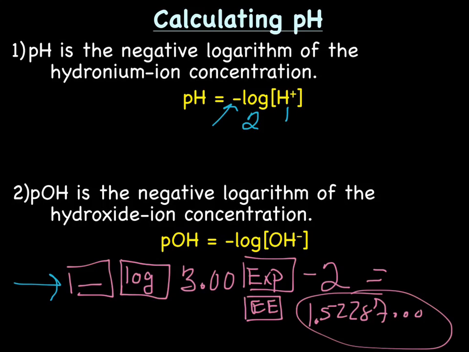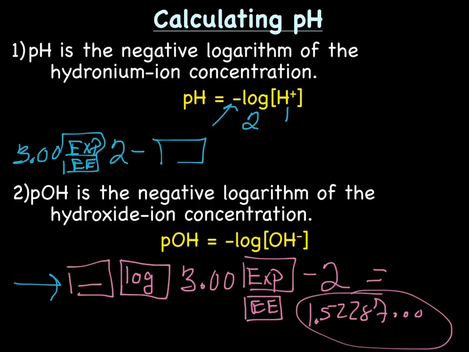So when you put yours in your calculator, it would look something like this. 3.00, your EXP or EE button, then you would put in 2 as our exponent and then a negative.